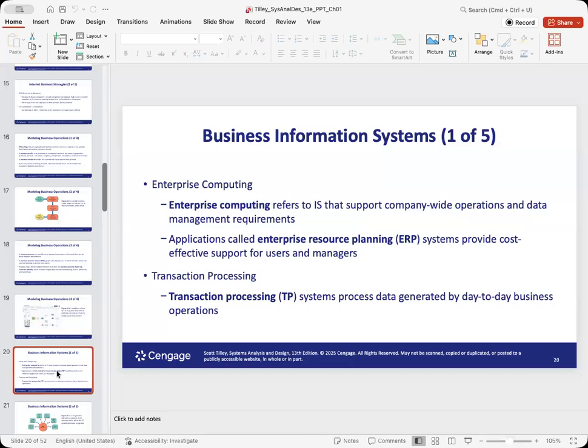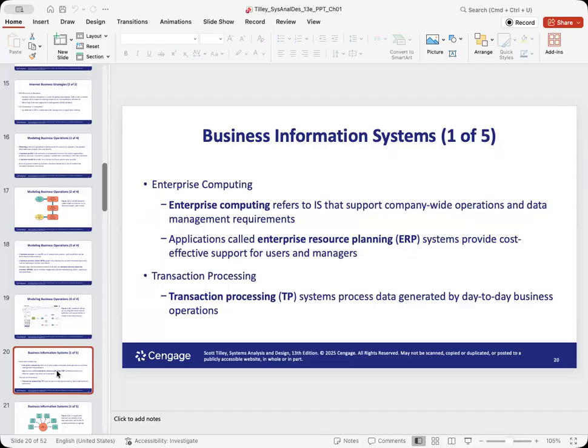Now, we have business information systems. That's enterprise computing. What is enterprise computing? This refers to an information system that supports company-wide operations and data management requirements.